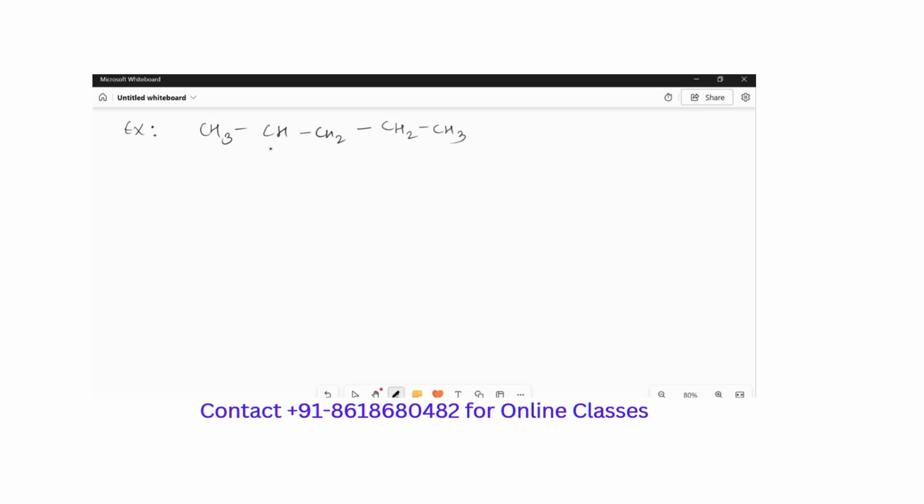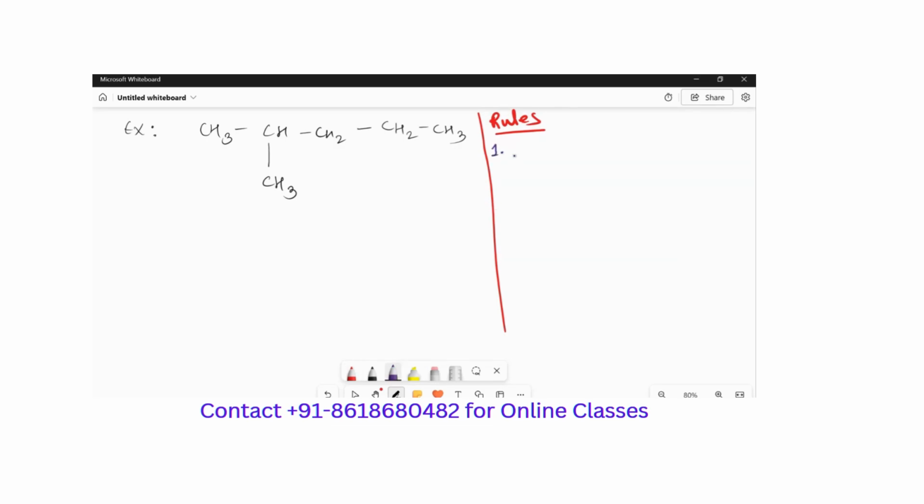And this CH is joined with CH3, right? First of all, what we are supposed to do, we are going to count the number of carbons, right? I'll just write the rules over here. But if I write the rules directly, you won't be able to process it. So on the basis of the example, I'm going to write it out.